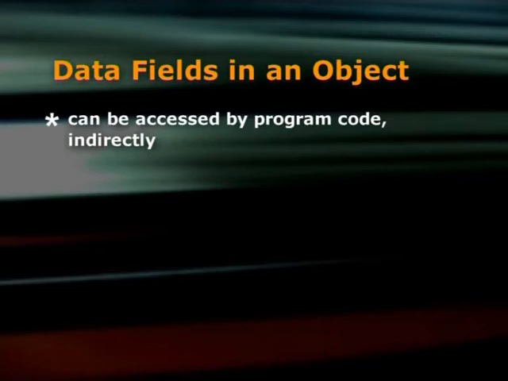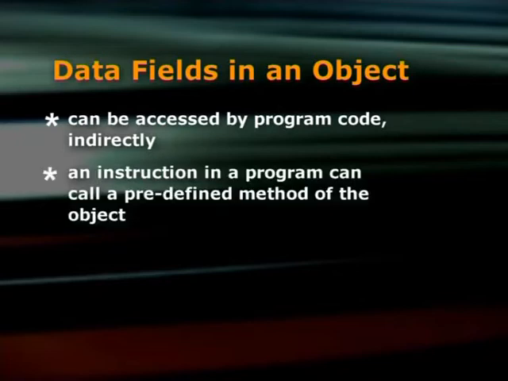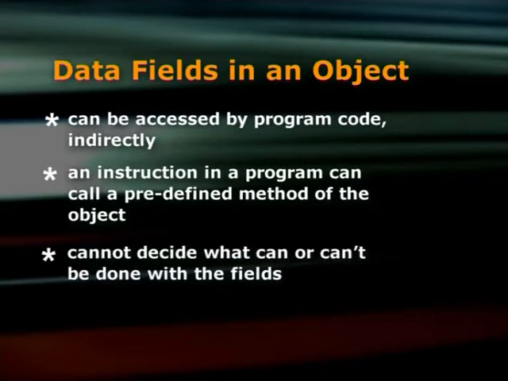Data fields in an object are different in several ways. They can only be accessed by program code and usually only indirectly. An instruction in a program can call a predefined method of the object, but cannot decide what can or can't be done with the fields.